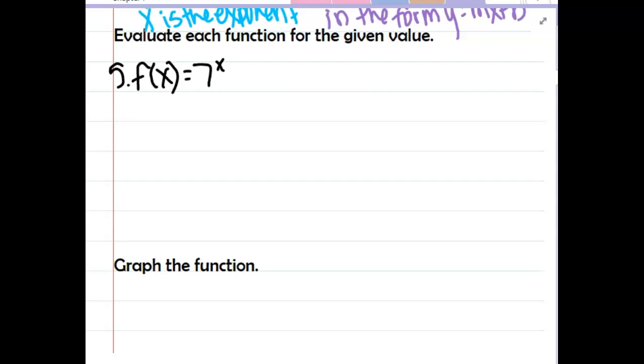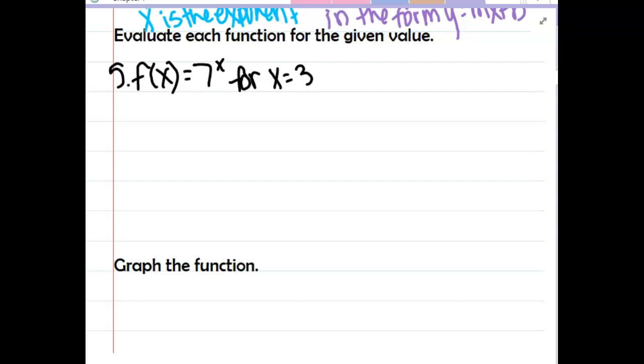So think about your function machine. What you're plugging into your function is going to be x's. And the rule, you're going to take 7 to the x power. So what we want to evaluate this for is x equals 3. So what this means is I've got my function machine. I'm going to drop a 3 into my function machine.